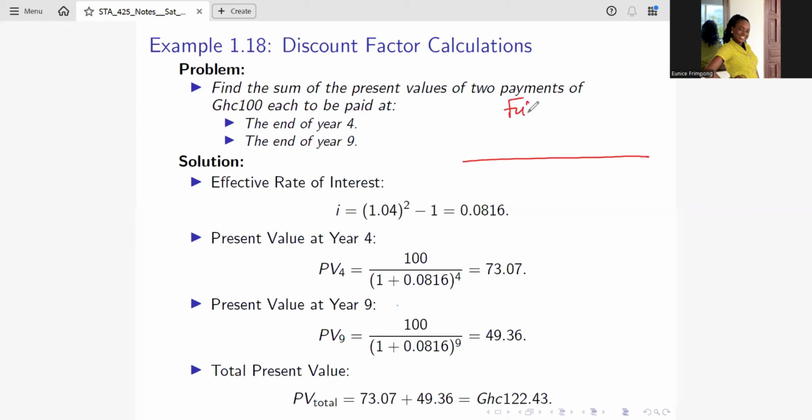This is future value. At time 0, I put in an amount P. I want the money back in 5 years' time. So whatever the value of P is at time 5 is my future value. Usually you take the P, whatever has been invested, multiply it by the accumulation function, and that will give you the future value.